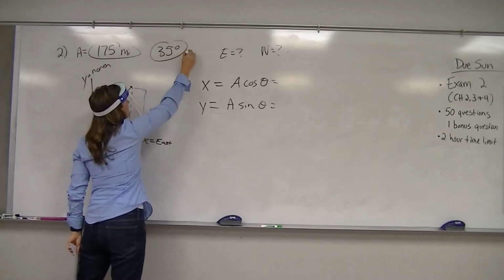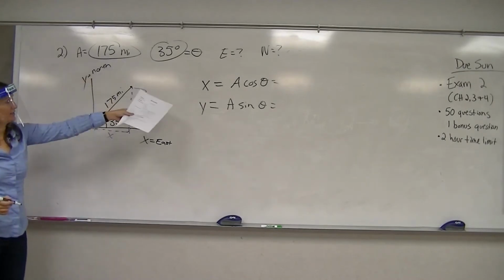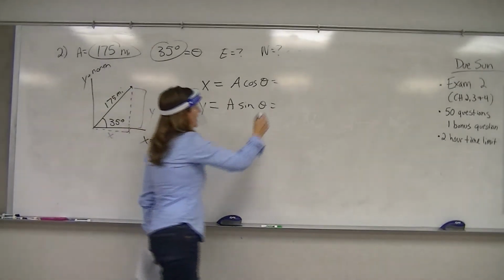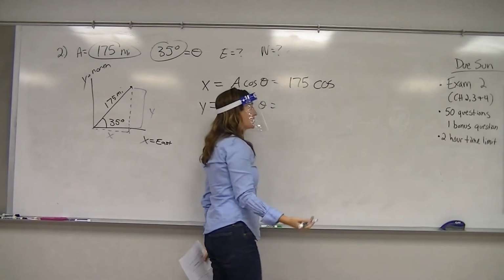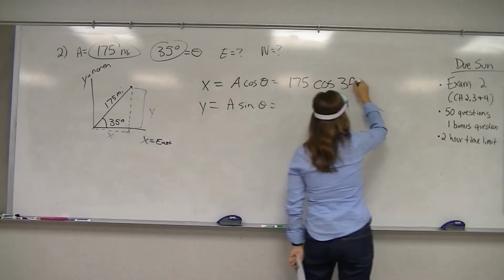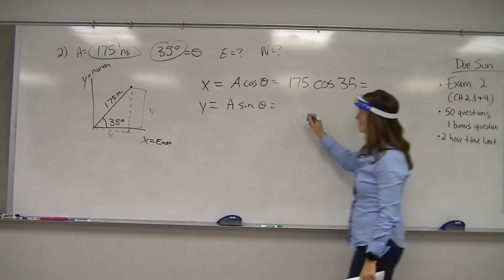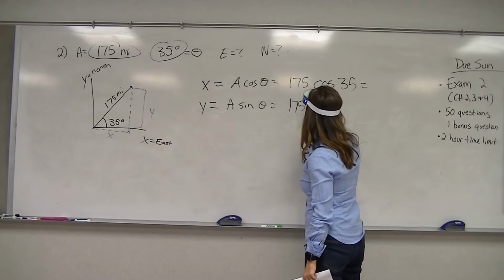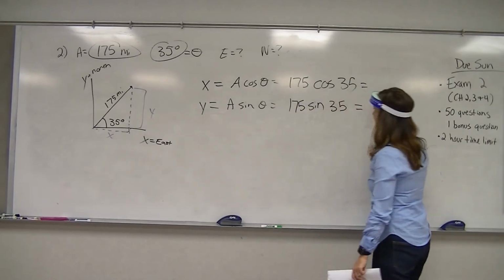So whenever you see a degree sign, that's the theta. So you plug these in to that equation. So for X, you would plug in 175, you would press the cosine button, parentheses would appear, and you would write 35 inside of those parentheses, and then equals. You do the same thing for the Y, but instead of pressing cosine, you press sine, and then enter the 35.